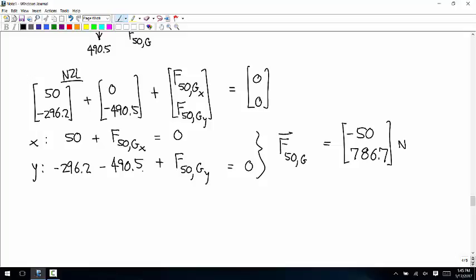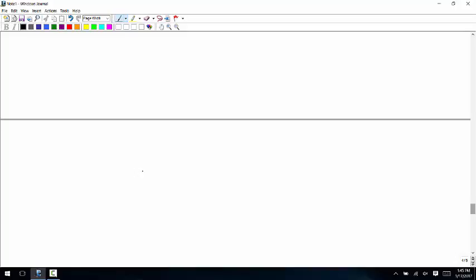Okay. So that's using Newton's third law with force vectors whose direction you didn't know, representing them as vectors. Let me do a quick example with ones where you do know the direction.